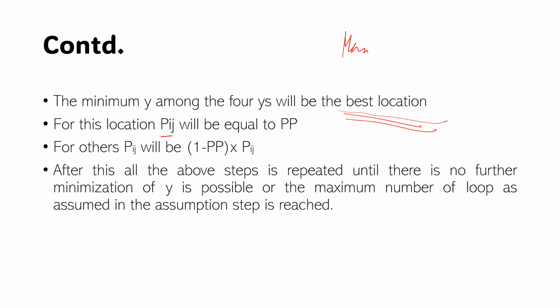So for each of the variables you have calculated this Pij. This Pij will be equal to Pp, the predefined probability, if that y, that means y at i, is the best location.